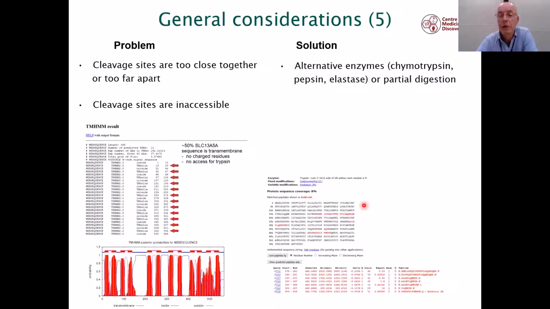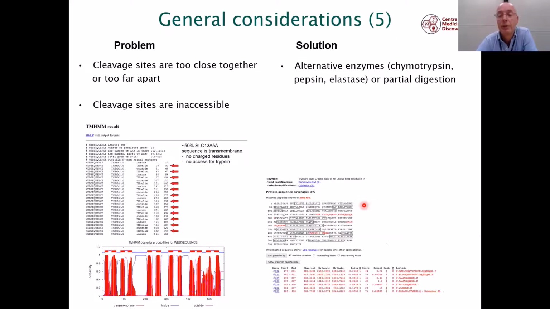If I superimpose on that sequence the membrane spanning regions, you can see that in all examples apart from here, we only get sequence data, we only get fragmentation data where there is no membrane spanning region. Okay, so that's a common problem with membrane proteins. Basically, the enzyme does not get a chance to work.